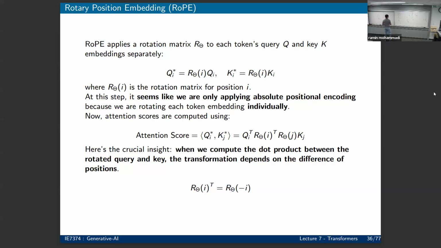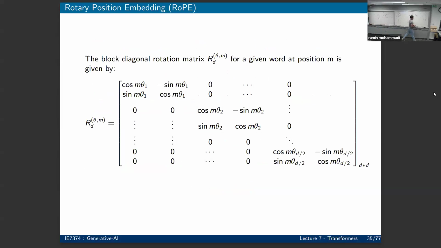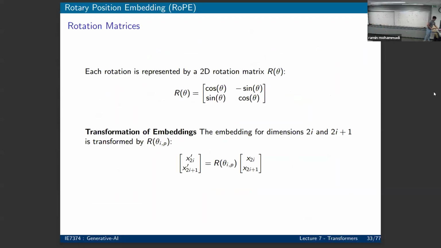Now let's go back one page. Think about R theta, just the 2 by 2 version. If you apply the transpose of this, what do you get?